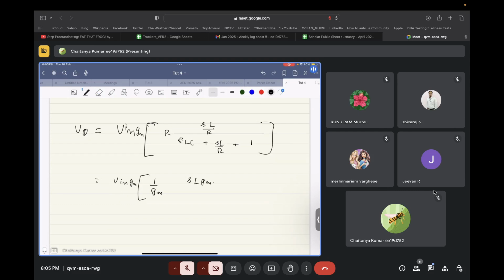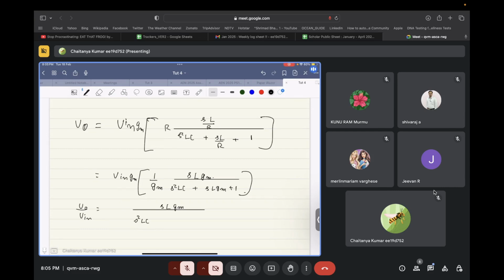So we get SL times GM divided by S squared LC plus SL times GM plus 1. Okay, so the final V naught by V in you get as SL GM over S squared LC plus SL GM plus 1.